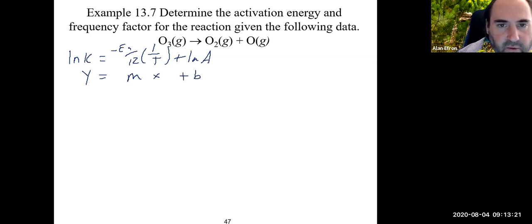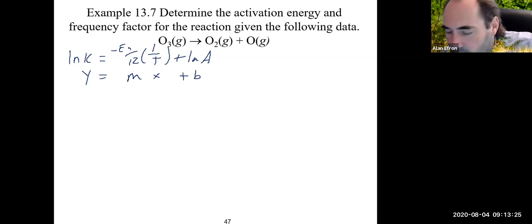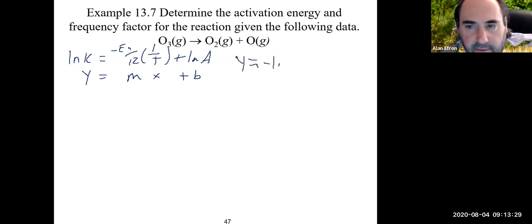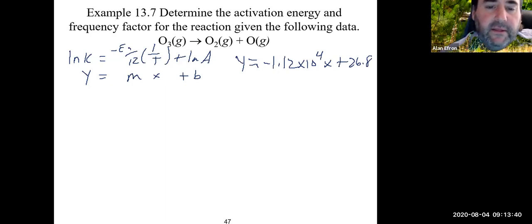So taking the equation that they gave us, it was y is equal to minus 1.12 times 10 to the 4 x plus 26.8, I believe, if I'm not mistaken here. Make sure I got that right. 10 to the 4, right? Yeah. Okay.